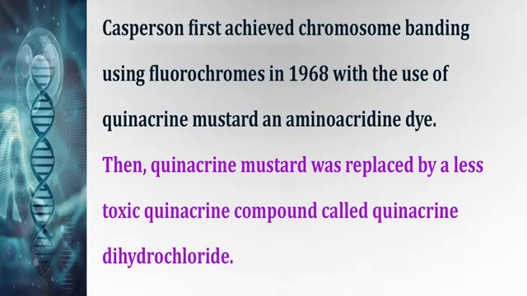6. Q banding. Caspersson first achieved chromosome banding through fluorochromes in 1968 with the use of quinacrine mustard and aminoacridine dye. Then quinacrine mustard was replaced by a less toxic quinacrine compound called quinacrine dihydrochloride.